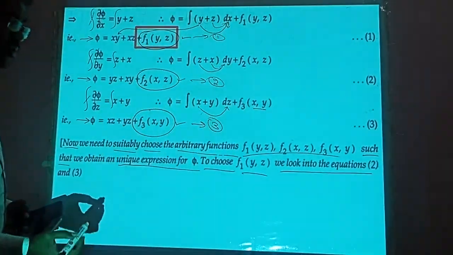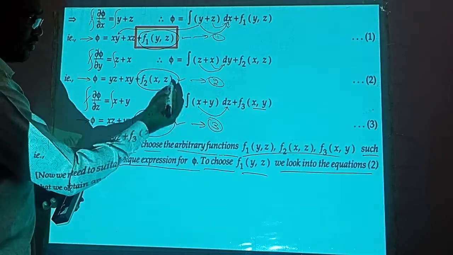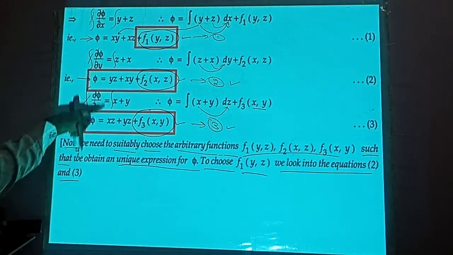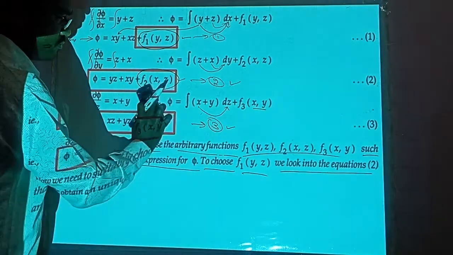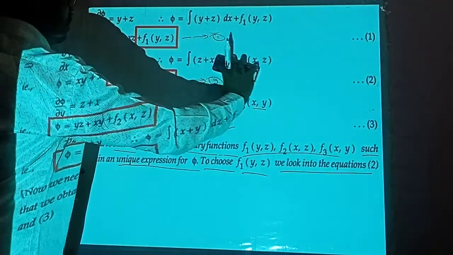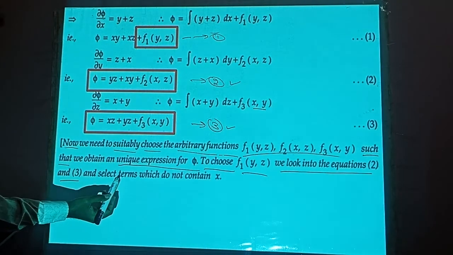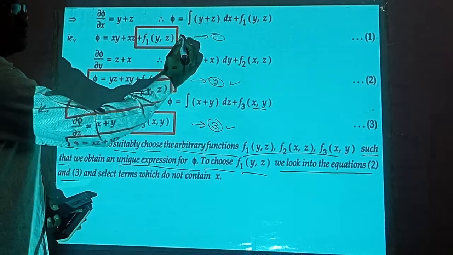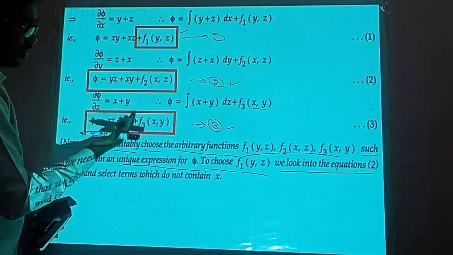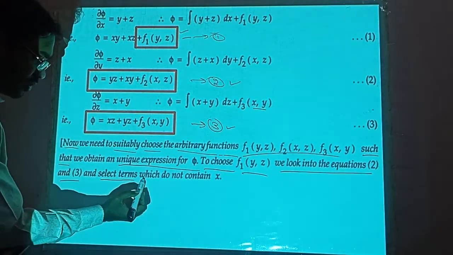We look into equations 2 and 3, observe carefully, and select terms which do not contain x.